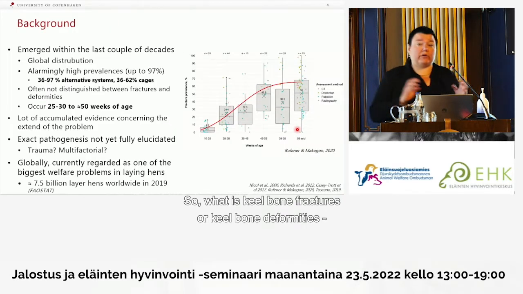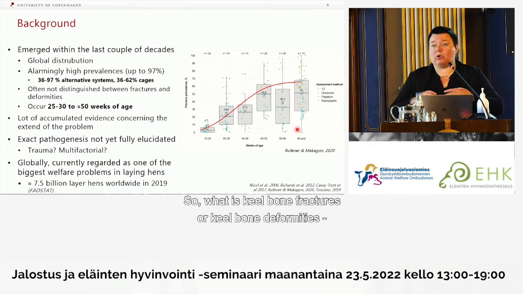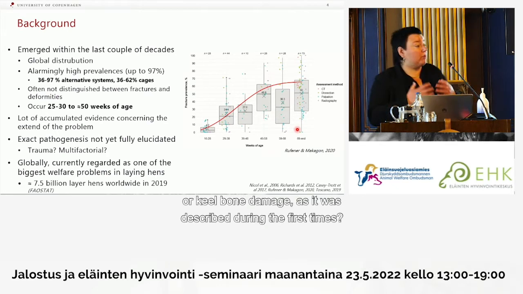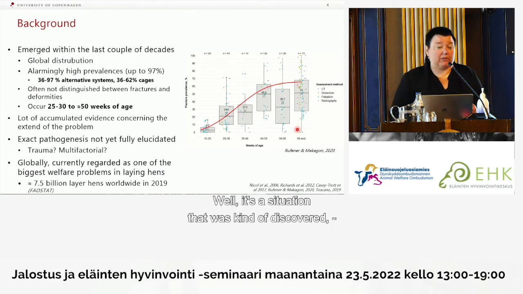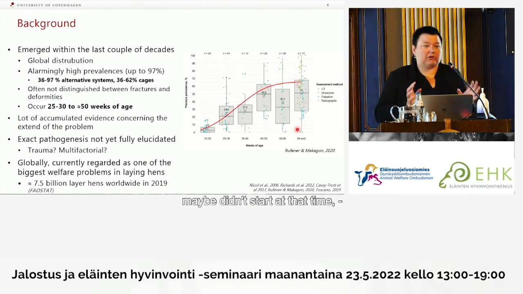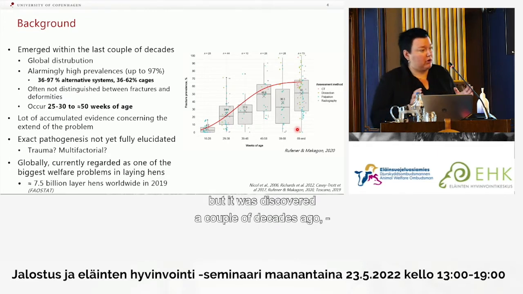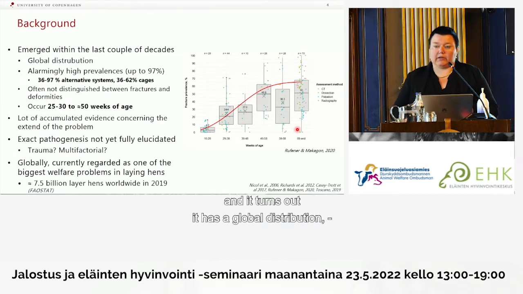So, what are keel bone fractures, or keel bone deformities, or keel bone damage, as it was described the first times? Well, it's a situation that was discovered a couple of decades ago. Maybe it didn't start at that time, but it turns out it has a global distribution.